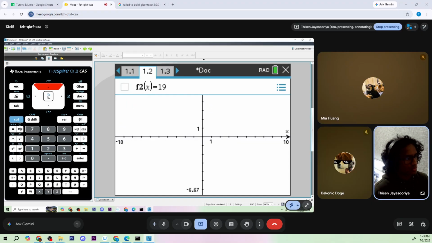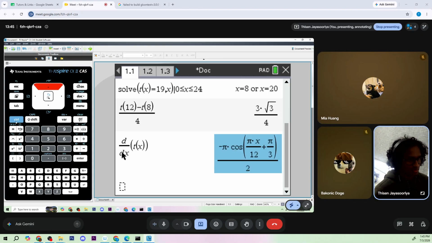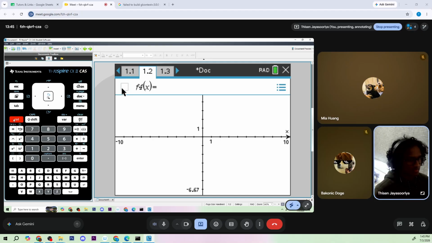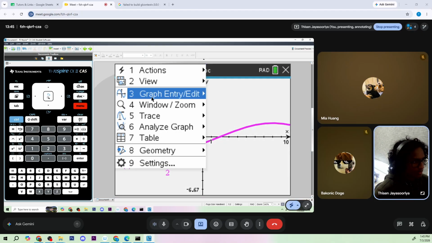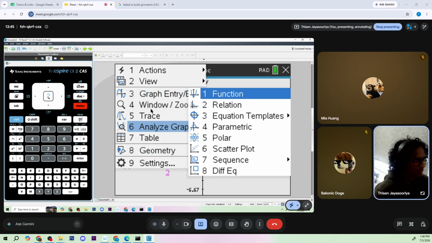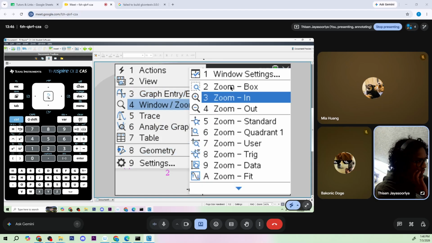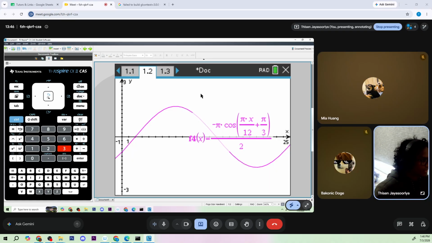I'm going to sketch this graph here: control C, go over here, control V. I'm not going to change the height, I'm just going to change the zoom. I'm going to go from -1 to 25, and for y, let's just say -3 to 3, just picking some values.